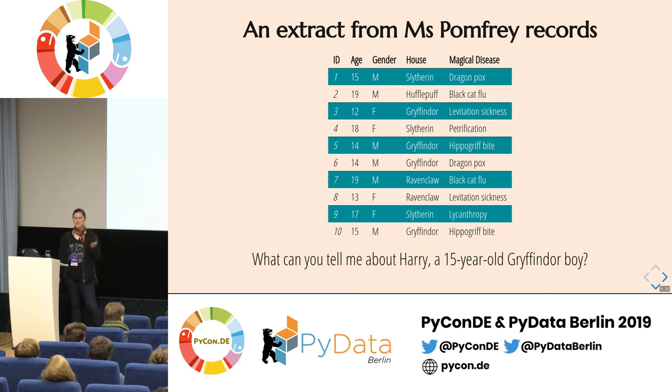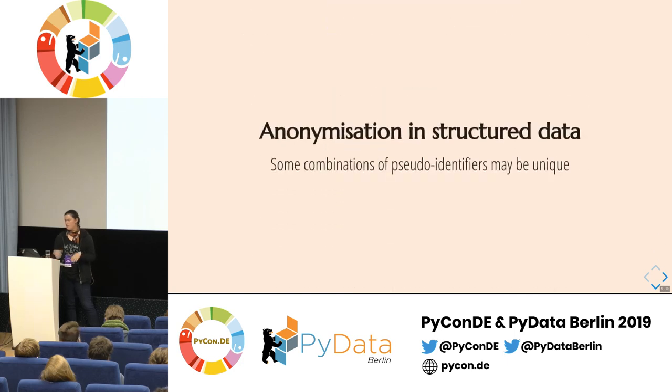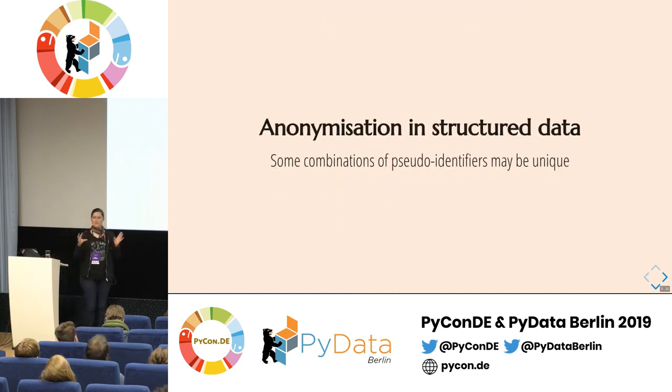So pseudonymization is the first step to avoid directly leaking private information, but it's not enough, because of what we call pseudo-identifier attributes: some combinations of these attributes may be unique. What are pseudo-identifiers? For example, age, gender, zip code, affiliation, that kind of thing.